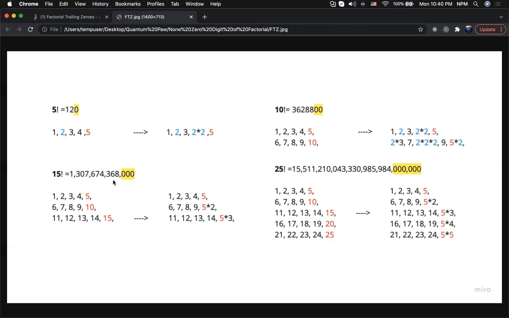The third example, 15 factorial, is also straightforward. It has 3 zeros, and if we expand 5, 10, and 15 and look at the right side, we have three 5s, which is the answer, 3 zeros.